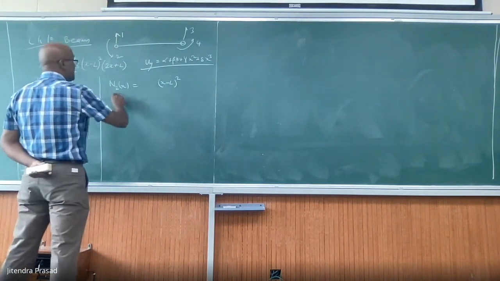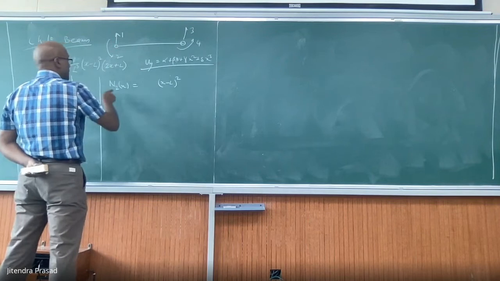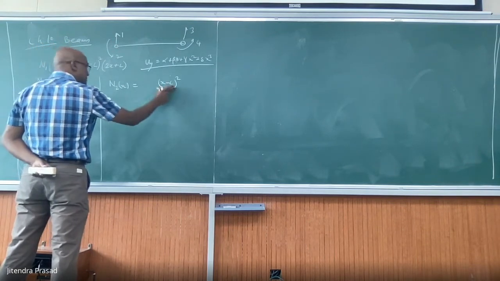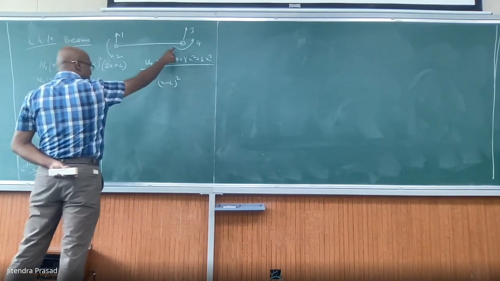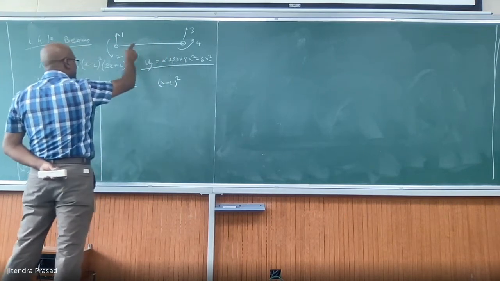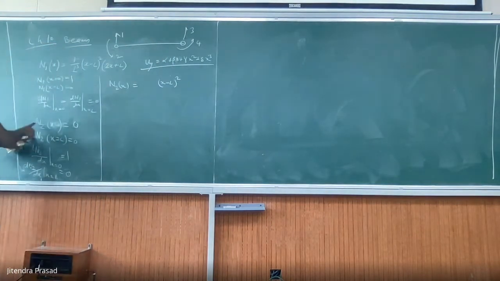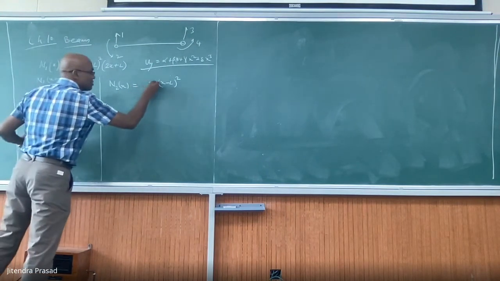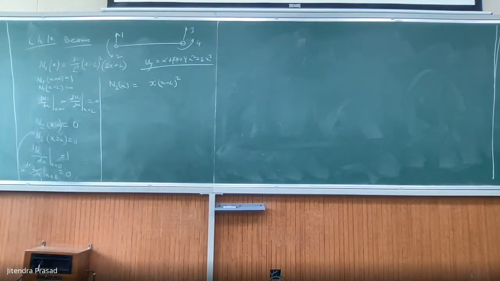Okay. Now, that's why you have (x minus L) square of it, and then N2 at x equal to 0 is also 0, so you must have x here. That's it. You got it.